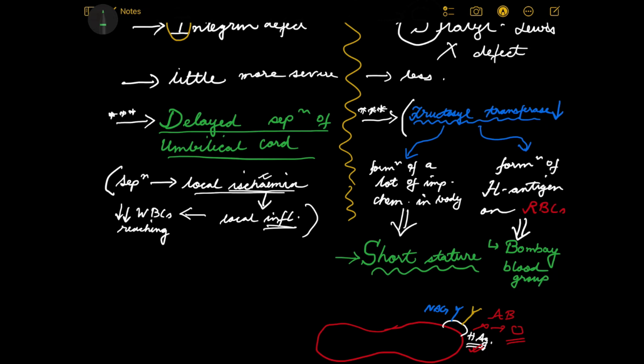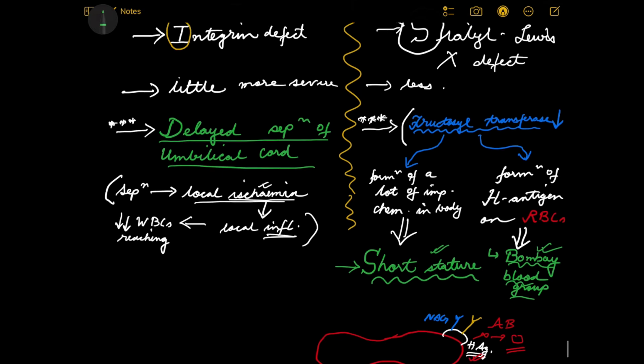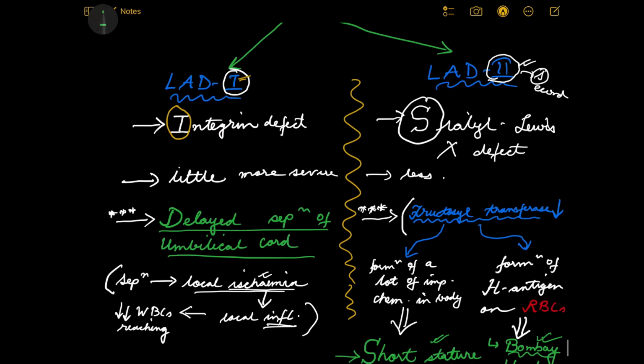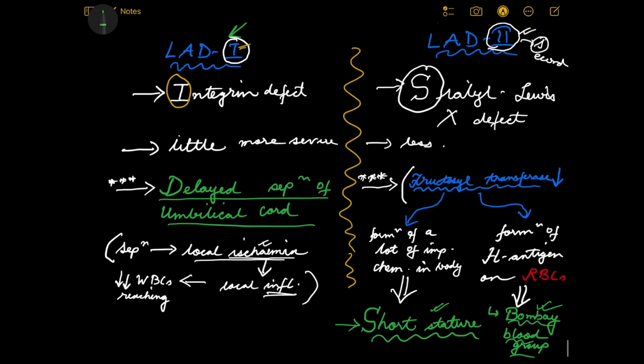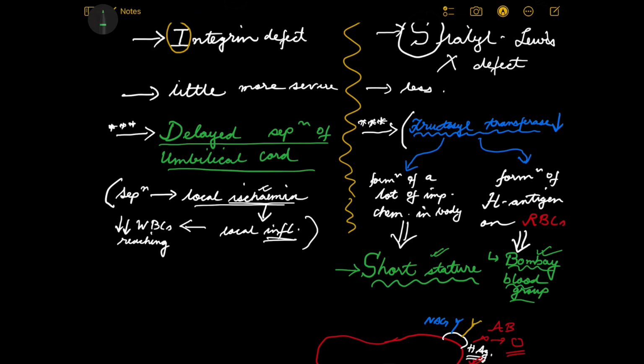Okay, very, very important. So Bombay blood group and short stature are more or less the manifestations for leukocyte adhesion disorder subtype 2. So this is more or less the clinical picture for these two defects.